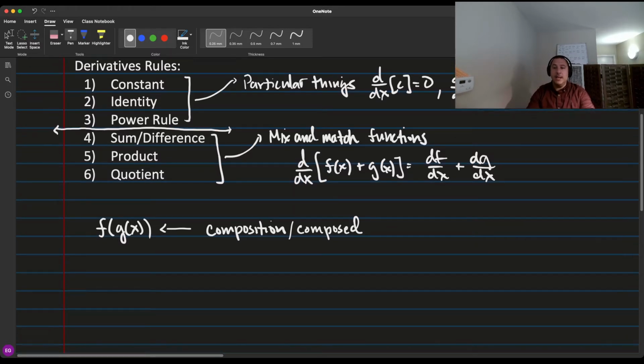So we need a rule that will tell us, if you want to take the derivative of the composition of two functions, what do you get? This rule is called the chain rule.